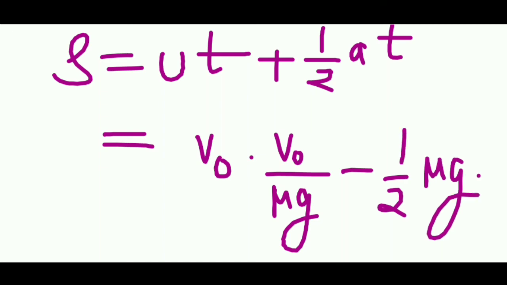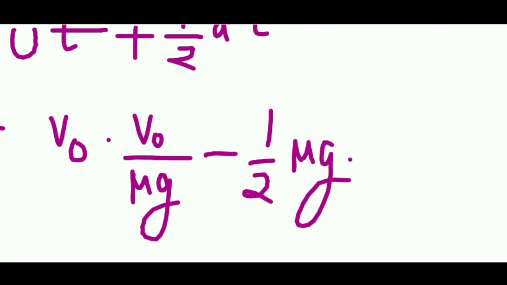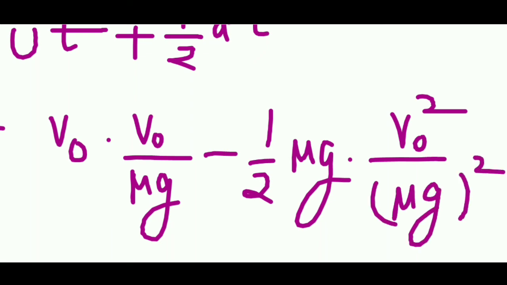Time is v0 by mu g, so if you do the square, it will become v0 square by mu square g square. If you solve this out, this mu g and this square will get cancelled, so it will become half v0 square divided by mu g.